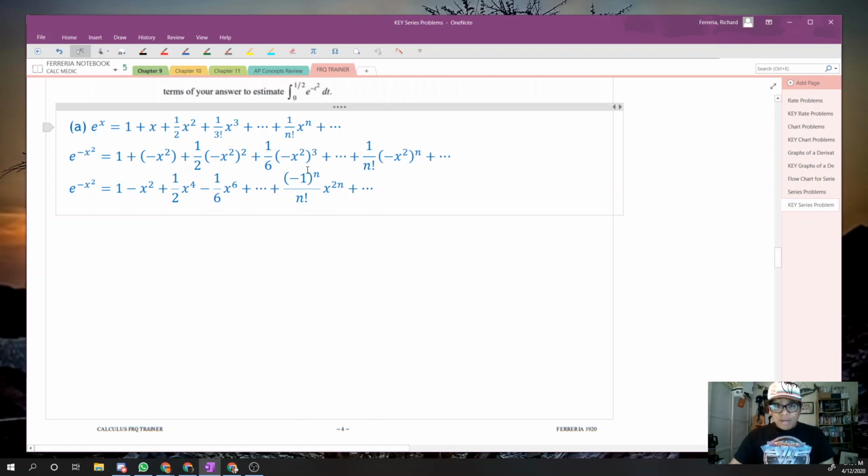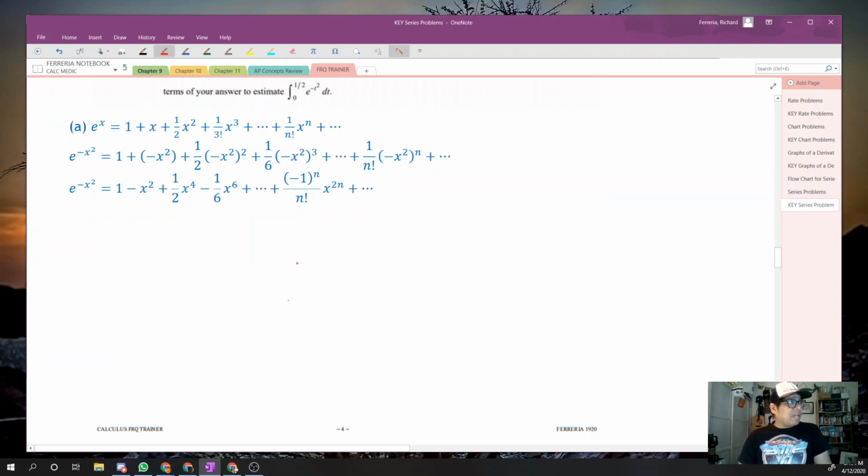That's this negative 1 that you see here. So that's negative 1 to the n power. Of course, the n power here matches the n power here. Always try to separate this out. It will make your life easier should you use this polynomial for other things.